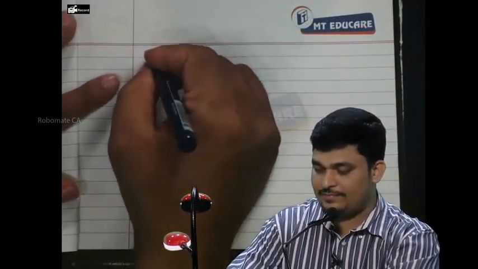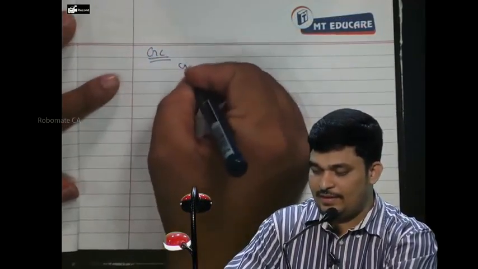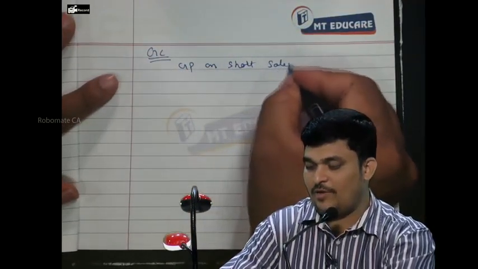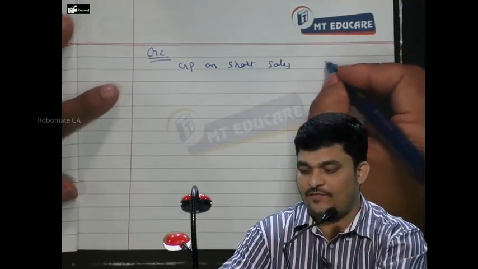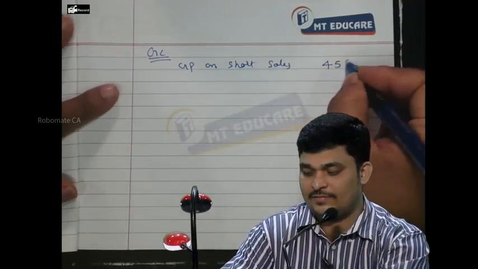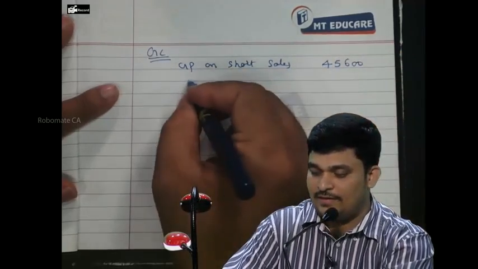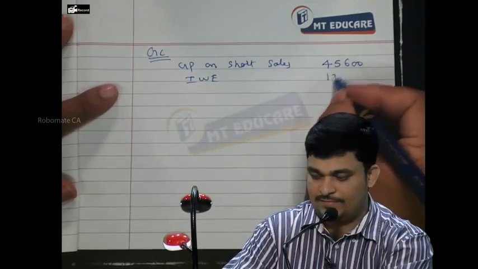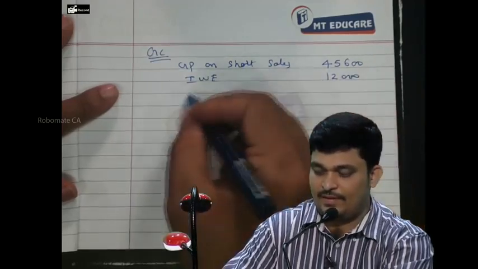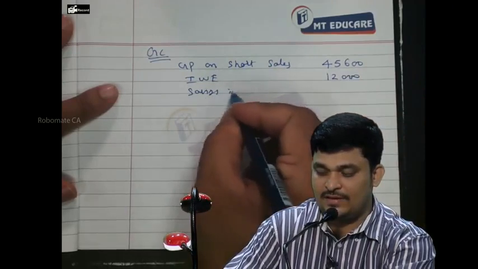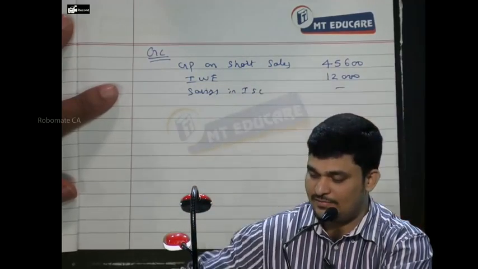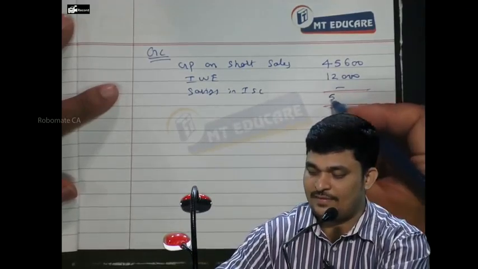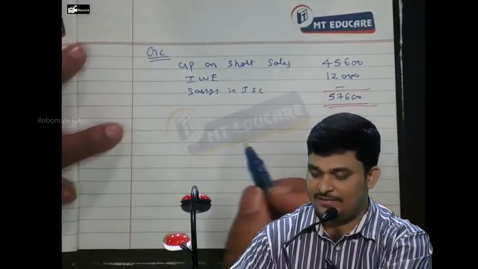Gross claim, GP on short sales, how much? 40. Then IWE, savings in insured standing charge, right.